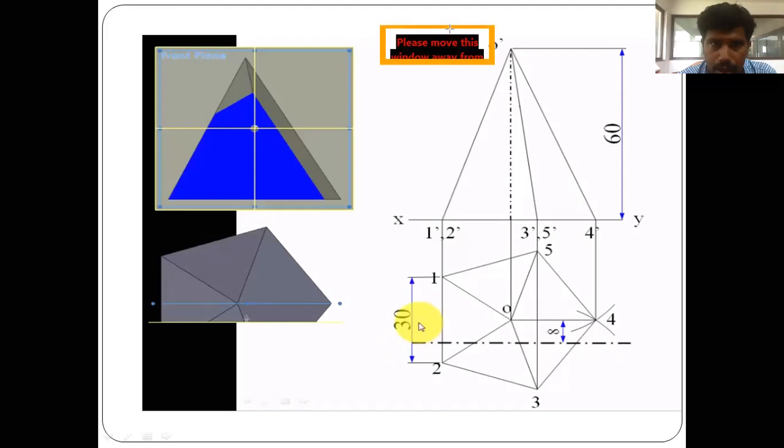Okay, so this point, this point, and we are having this point also. It is cutting all these points.